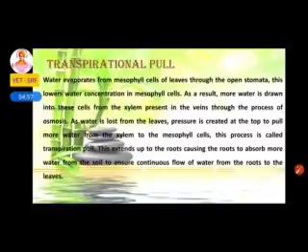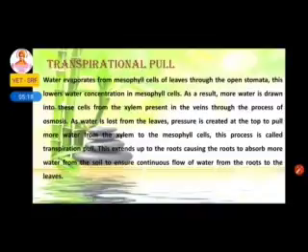As the transpirational pull occurs, the water from the xylem reaches the top and supplies water there. This extends up to the root, causing the root to absorb more water from the soil and ensuring a continuing flow of water from root to leaf. So this is called transpirational pull.